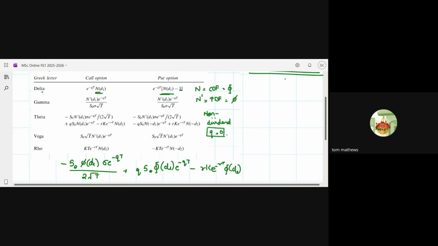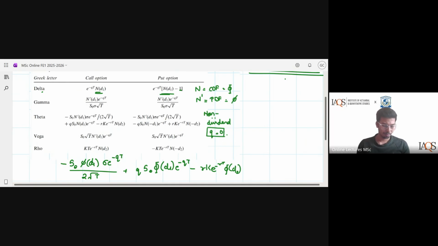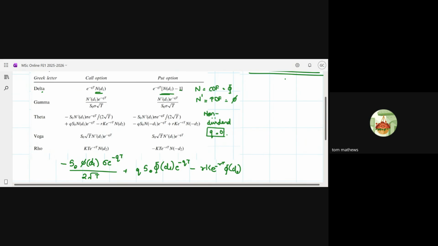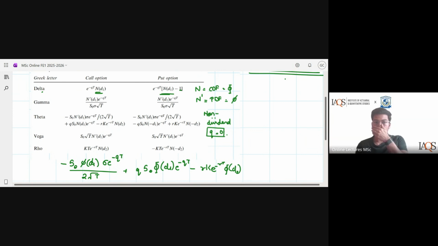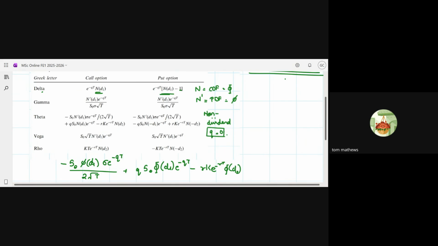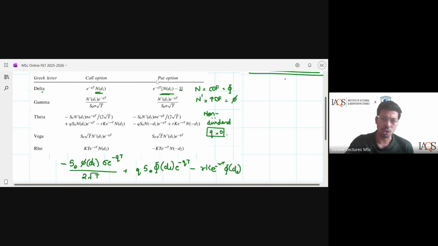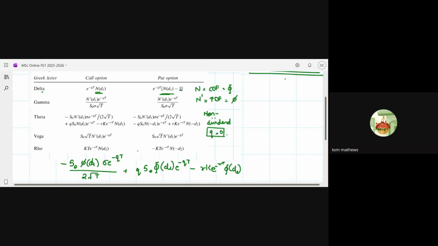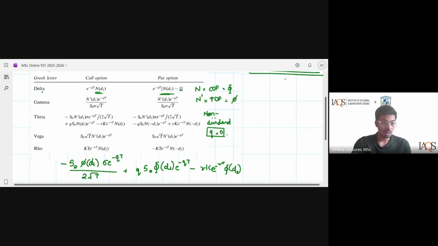The PDF, you have sent it, no? This thing is taken from Hull, no? It's available on Amazon, the book is available. The book is by John C. Hull.